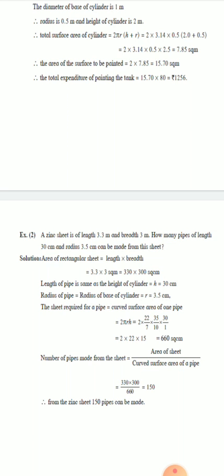You are going to apply the formulas, but one thing you have to remember, the length of the pipe is same as the height of the cylinder, and the radius of the pipe is same as the radius of the base of the cylinder. Once you know this, you can easily calculate the answer. So from the zinc sheet of given dimensions, you can draw 150 pipes.